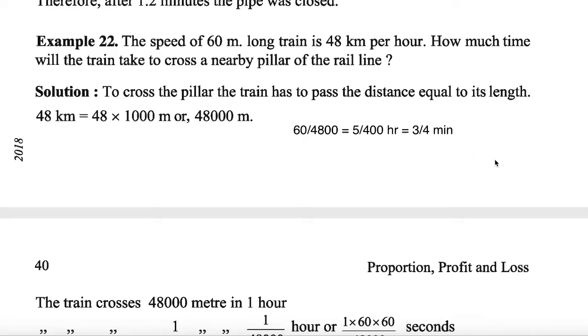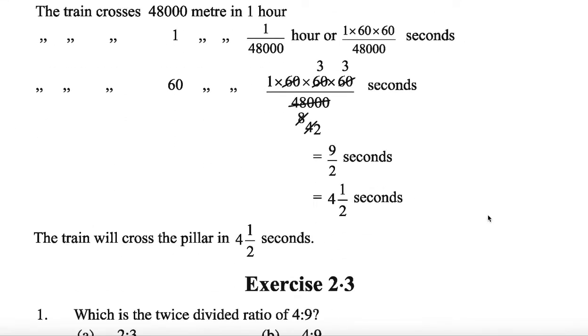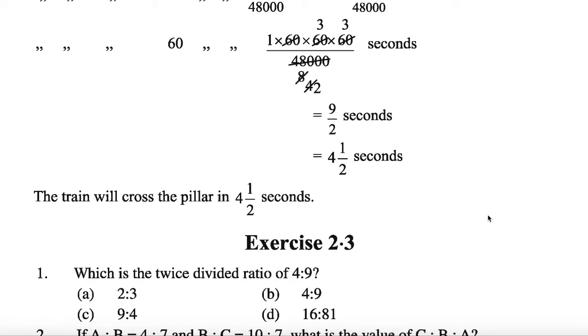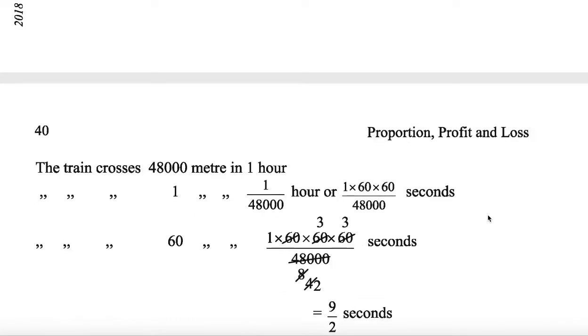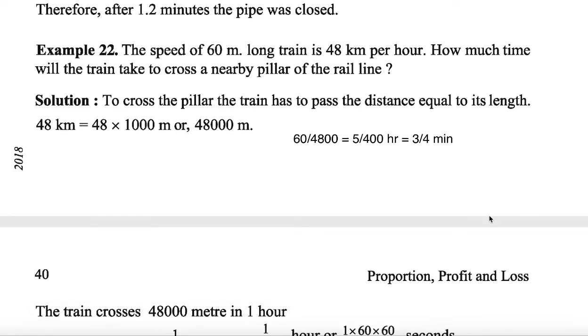In 3 by 4th minute, or otherwise you can also convert it into seconds. 45 seconds. In 45 seconds it will cross, I guess. Oh, one more zero is missing here. 3 by 40 minute, I guess.